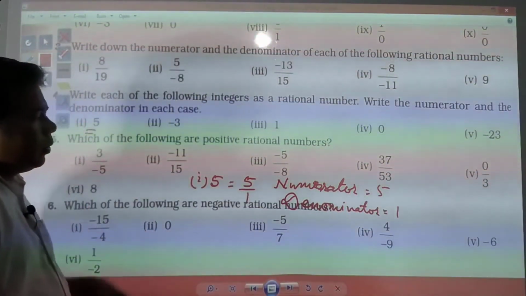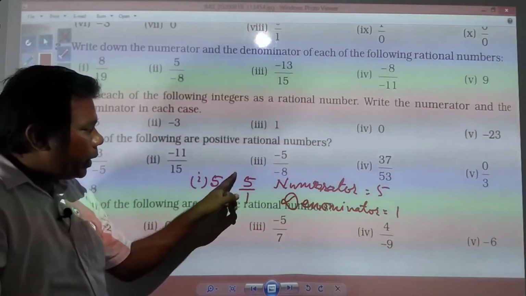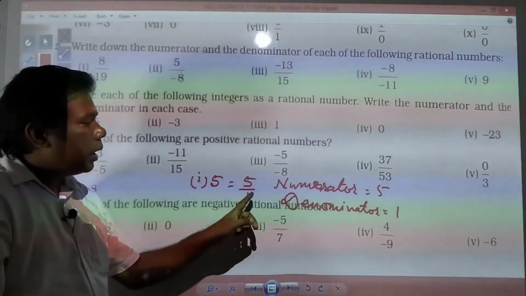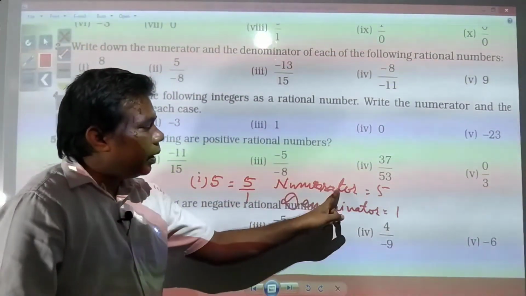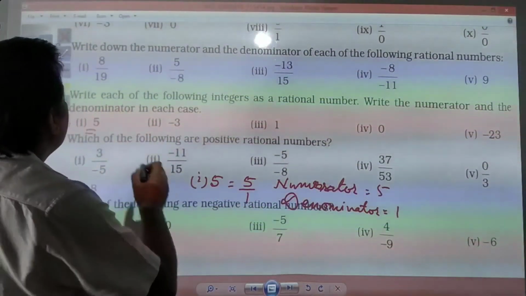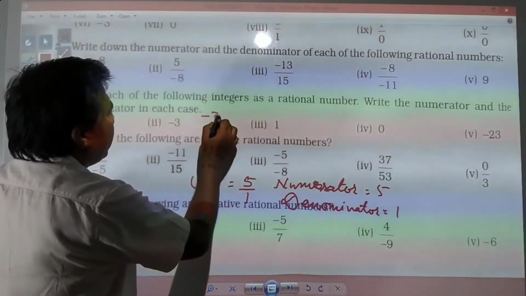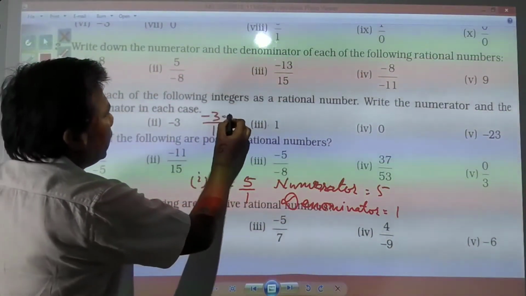In this way you need to write down. First you need to express in the form of rational number, and then you need to write down numerator and denominator. So this minus 3 can be written as minus 3 by 1, where this is numerator and this is denominator.